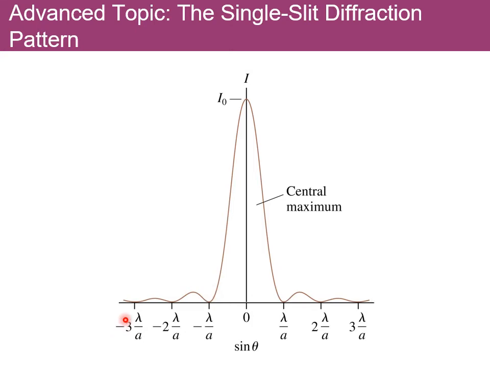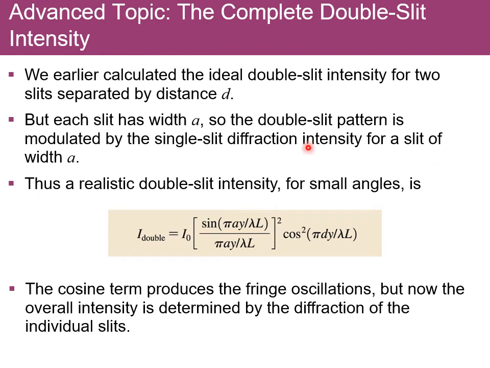Note that this matches our expectations. We earlier calculated the ideal double slit intensity for two slits separated by distance d, but each slit has width a, so the double slit pattern is modulated by the single slit diffraction intensity for a slit of width a.